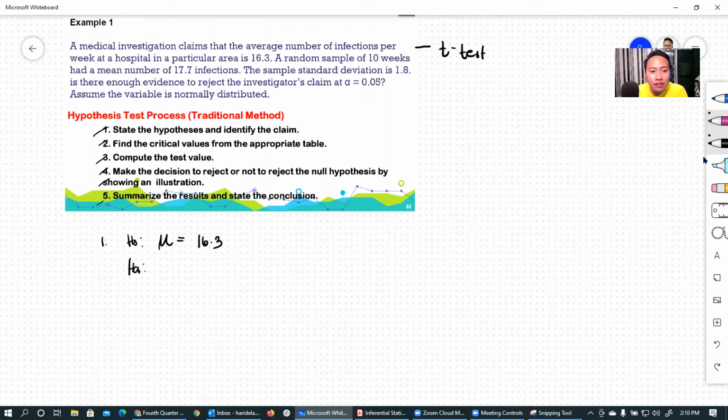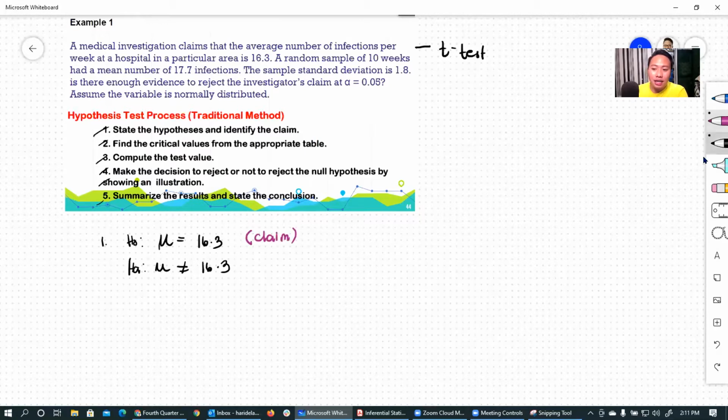The average number of infections in the area, it's not equal to. It didn't say if it's greater than or less than. So the safest option that we have is not equal to 16.3. Okay? And the claim here, guys, is the null hypothesis. So here, a medical investigation claims that the average number of infections per week at a hospital in a particular area is 16.3. So this is the claim.